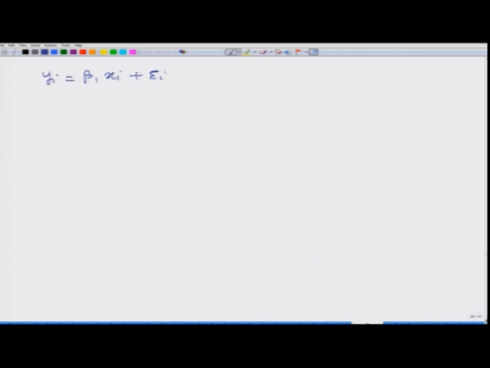All my assumptions remain the same as earlier: beta 1 is a parameter, xi is fixed and non-stochastic, and the epsilon i's are IID normal 0, sigma square random errors. In this case, my objective is to find the parameter value beta 1.